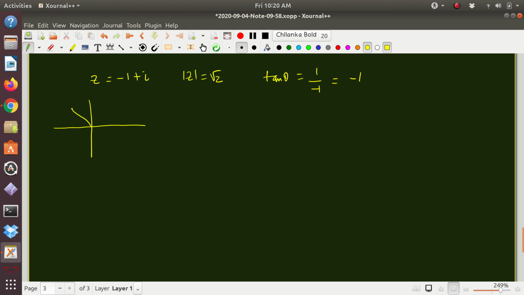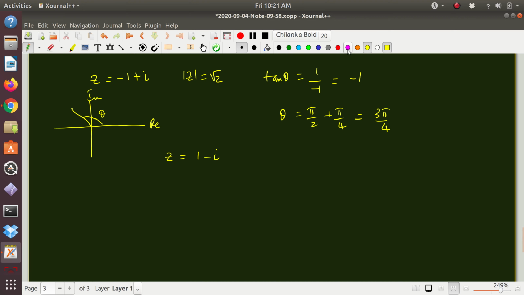You are interested in this angle theta. This is nothing but pi by 2, with the real and imaginary axes as shown. Theta is pi by 2 plus pi by 4, which is 3 pi by 4. Similarly you can consider z is 1 minus i, and if it is 1 minus i, the point is here.